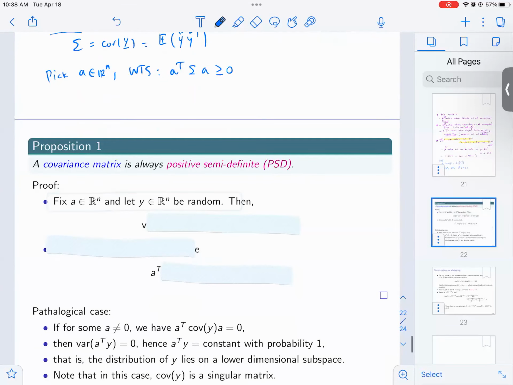The trick is to note that this is the variance of a particular random variable, and because variances are non-negative, this has to be non-negative. That's the trick, the proof. So does anyone know what this is the variance of?